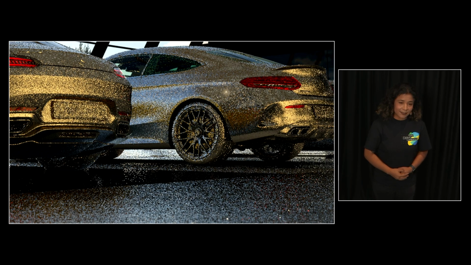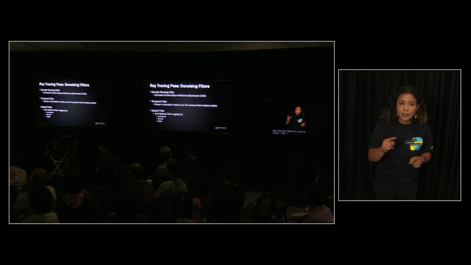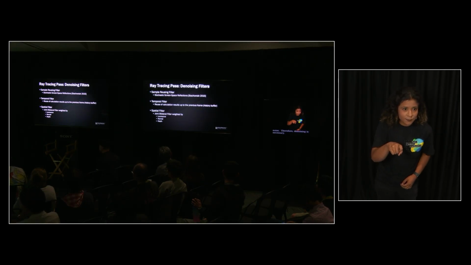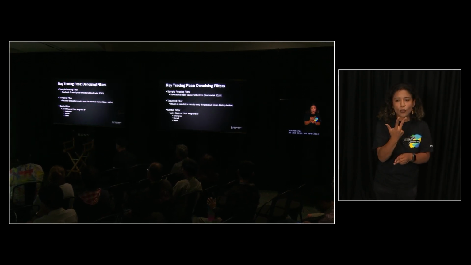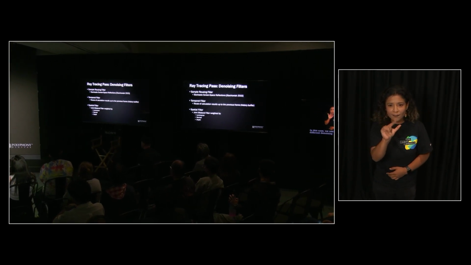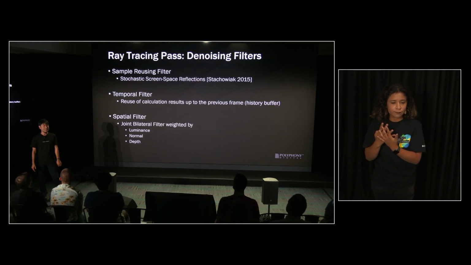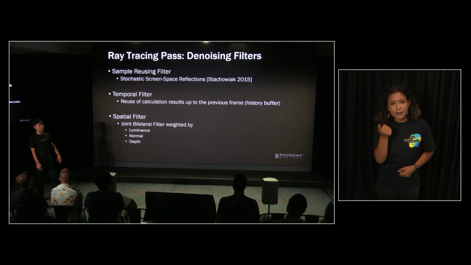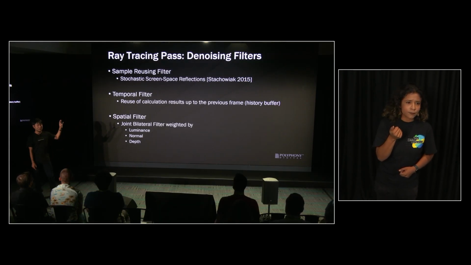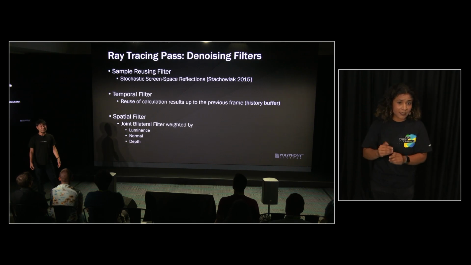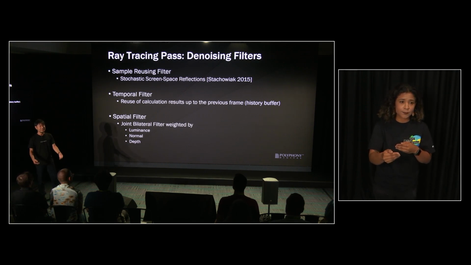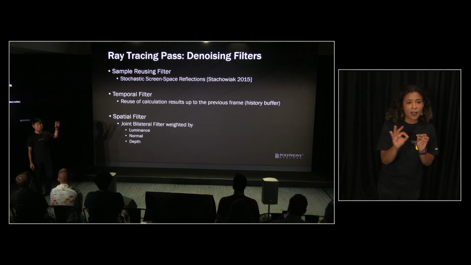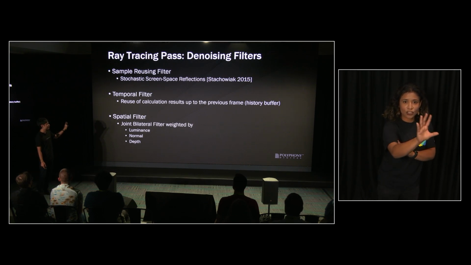Therefore, denoising is necessary. In this case, we use 3 different denoising filters. The first one is a sample reusing filter, which is based on the one used in stochastic screen space reflections. Next is a temporal filter, which increases the number of samples by reprojecting from the history buffer.